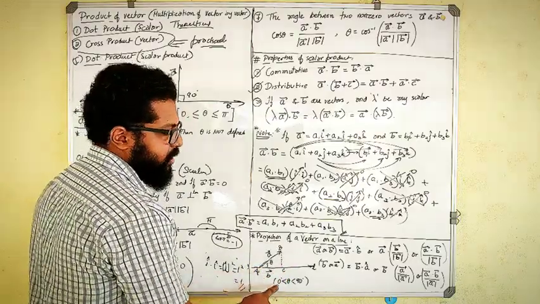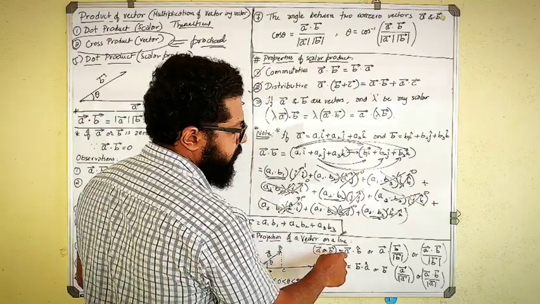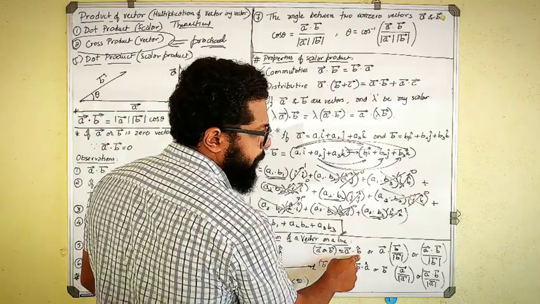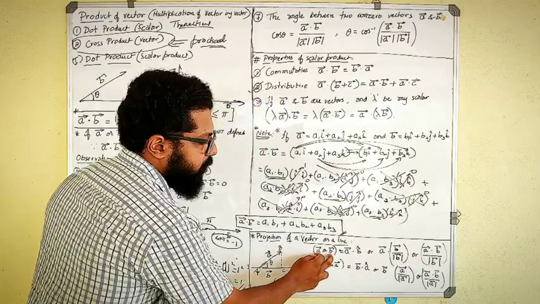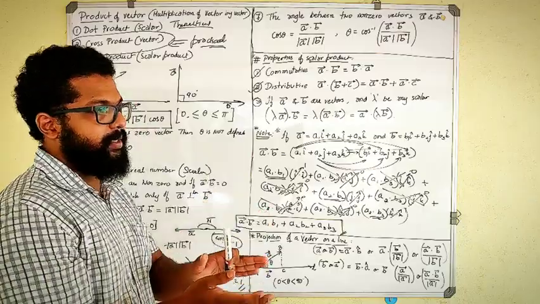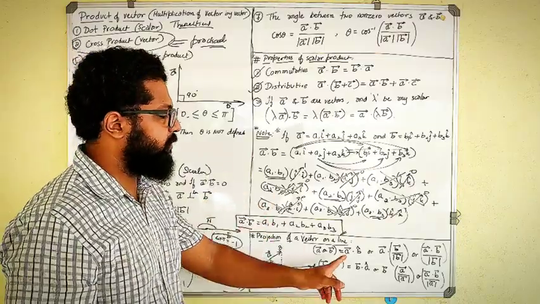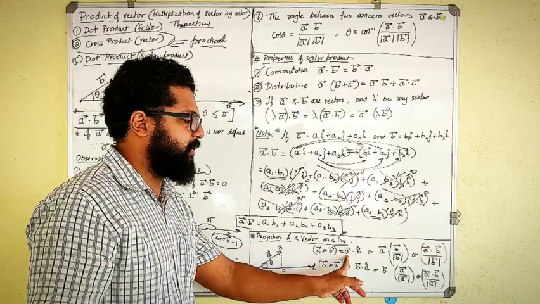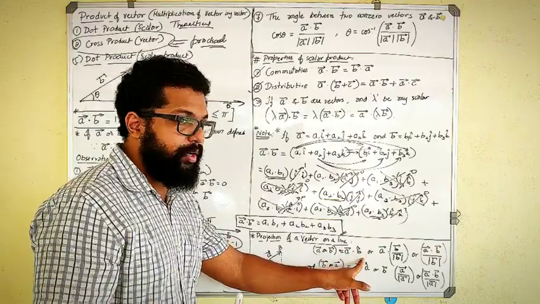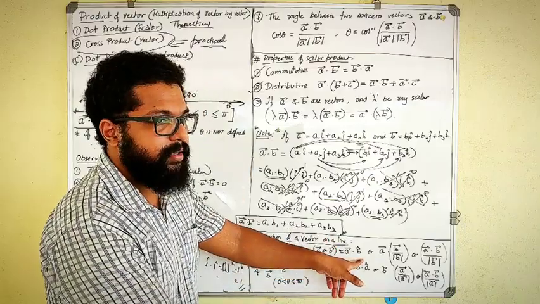I will name it as the B vector. So the projection of A on B is equal to A vector dot B cap. I am talking about projection, not the dot product now. The projection of a vector on a line or another vector is simply the dot product of the vector and the unit vector along the straight line or along the other vector.